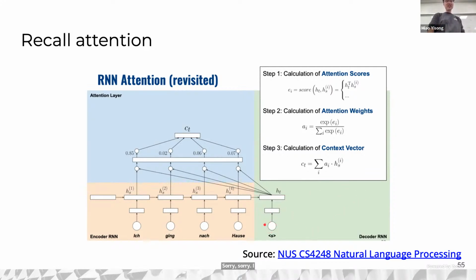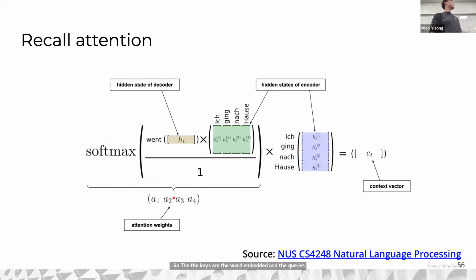When we are calculating the context, the query is a token, and the key is all the preceding words, and we do that by the dot product. When we are doing the dot product, everything is the word embedding itself. We're taking the dot product from the green shaded here to the orange shaded here. So the keys are the word embeddings, the queries are the word embeddings, and the values are still the word embeddings. Okay, so we can see it here.